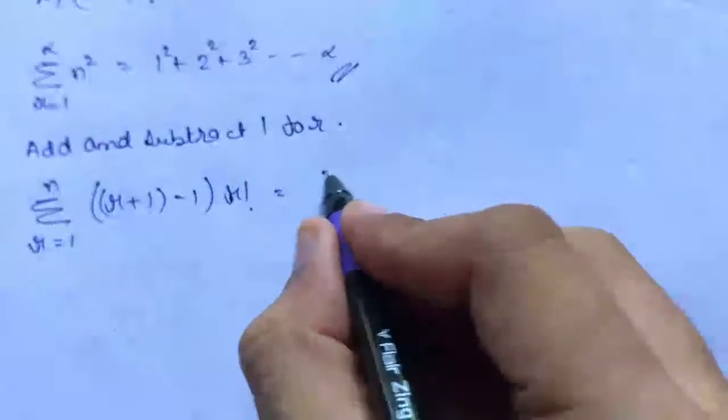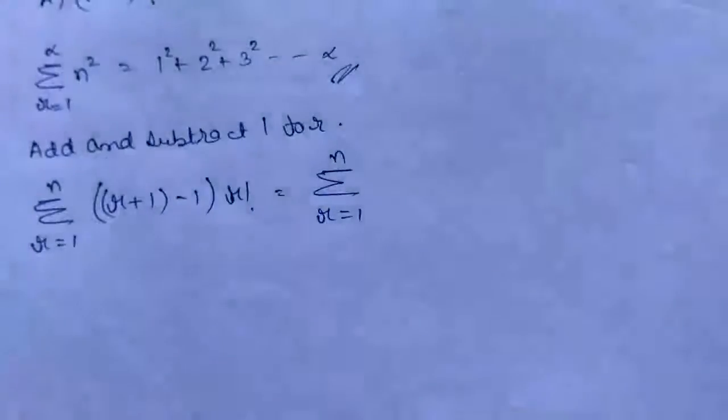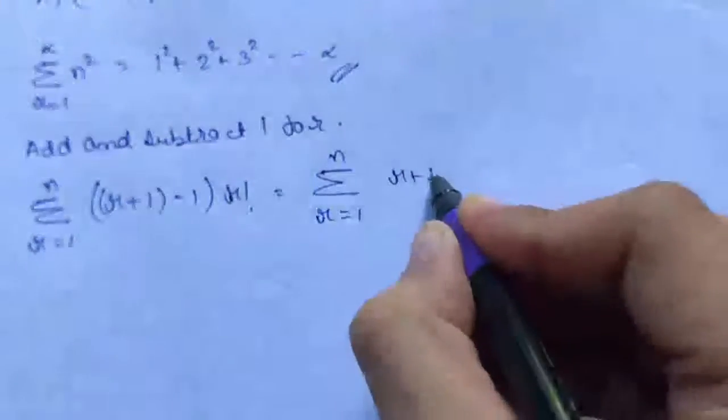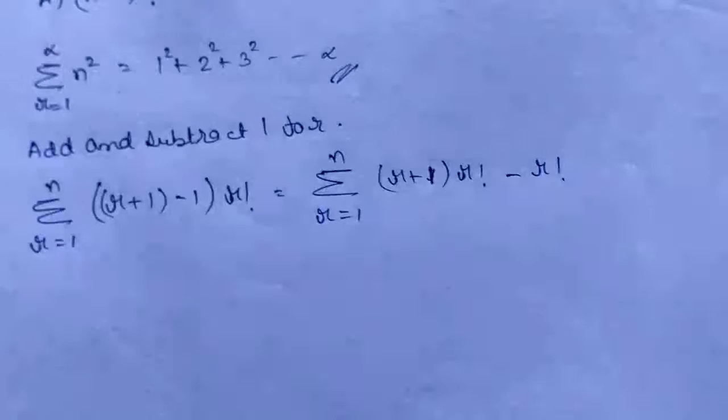Now this will be written as summation of (r plus 1) into r factorial minus r factorial.